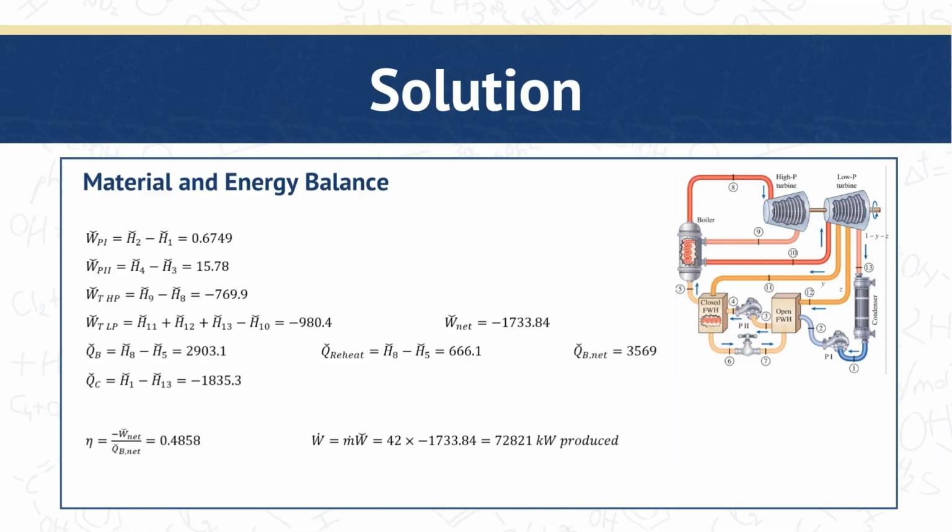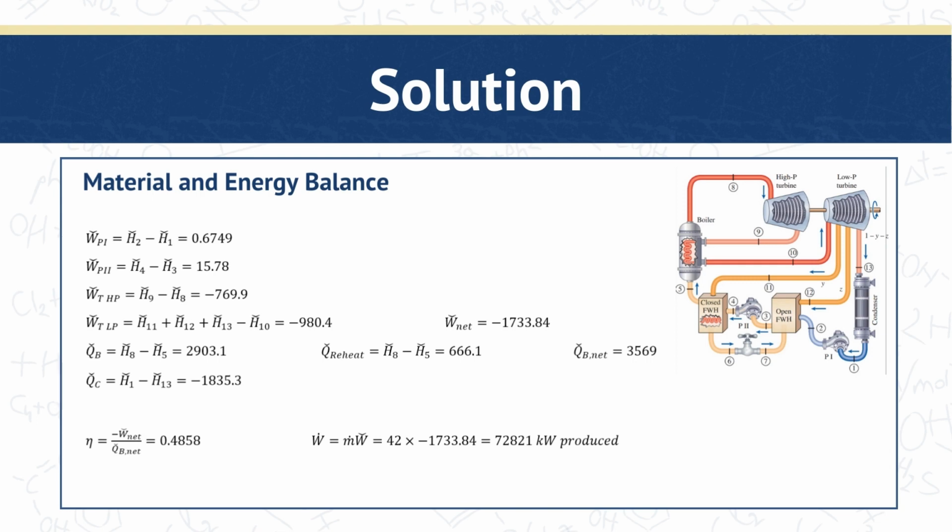So now for our last steps, we need to calculate the energy extracted or received by every process. So for the pumps, we need to make sure that the net enthalpies are positive, meaning that they consume power. So for pump 1 and pump 2, we have to get the difference between the enthalpy of what goes out and the enthalpy of what goes in.